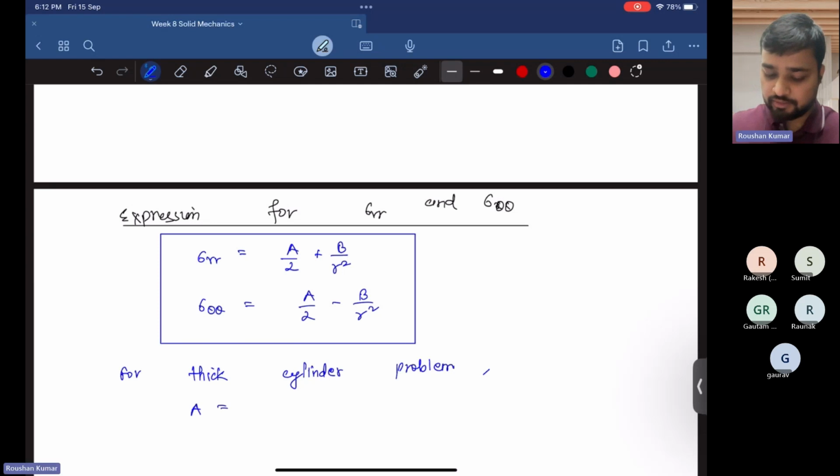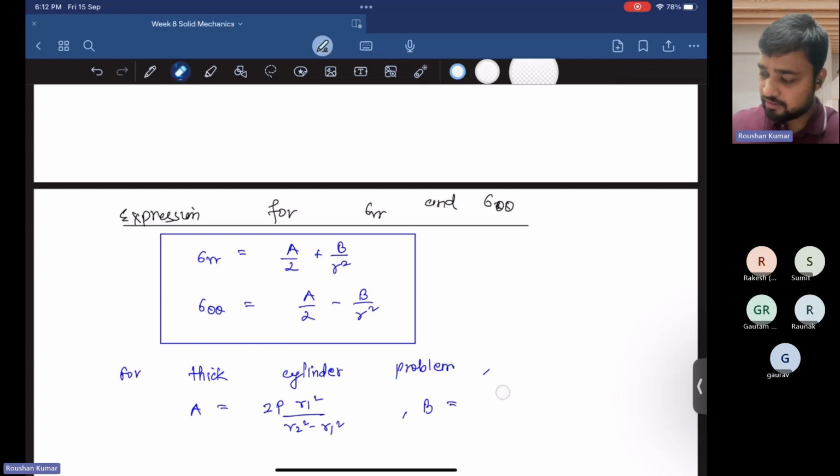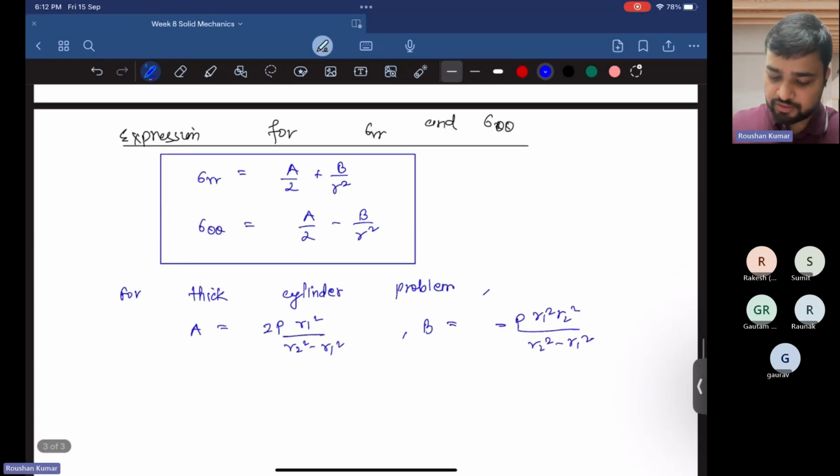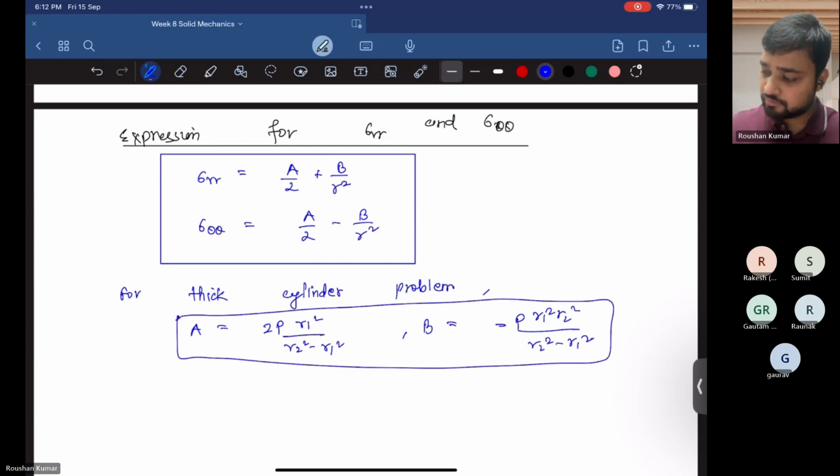So a is given by 2p r1 square upon r2 square minus r1 square, and the value of b is given by minus p r1 square r2 square upon r2 square minus r1 square.